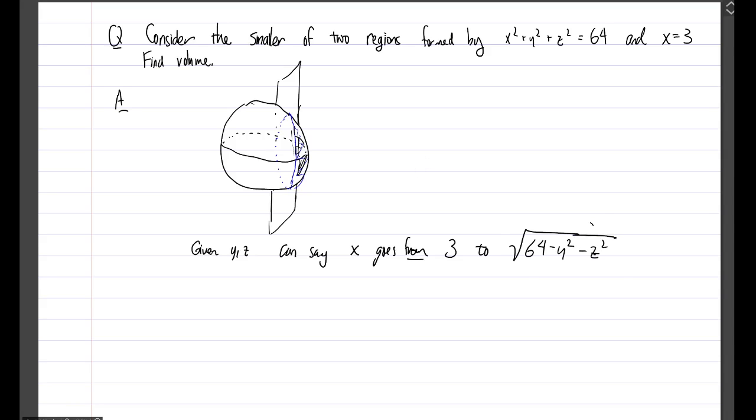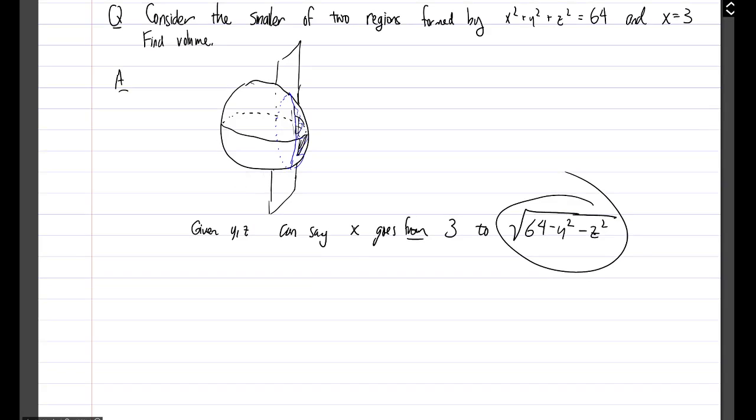So why is this the larger value? Well, imagine that y and z are both 0. So then the point that's far over here, that x coordinate should be 8.